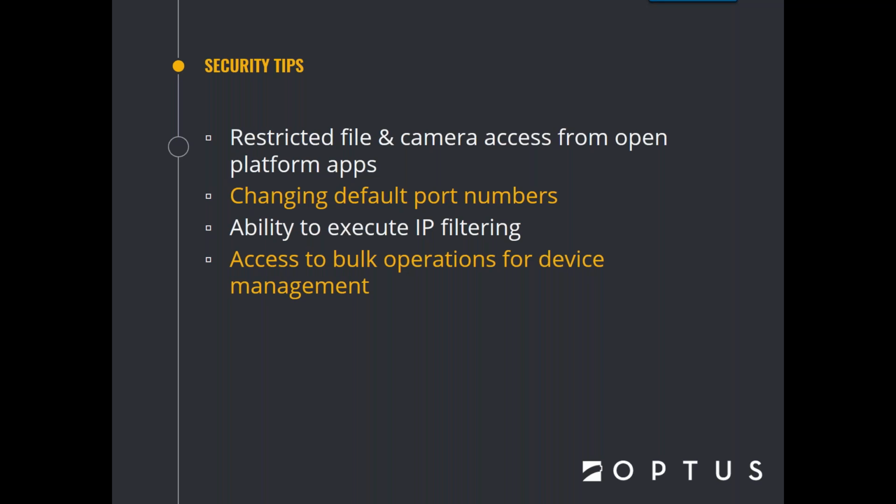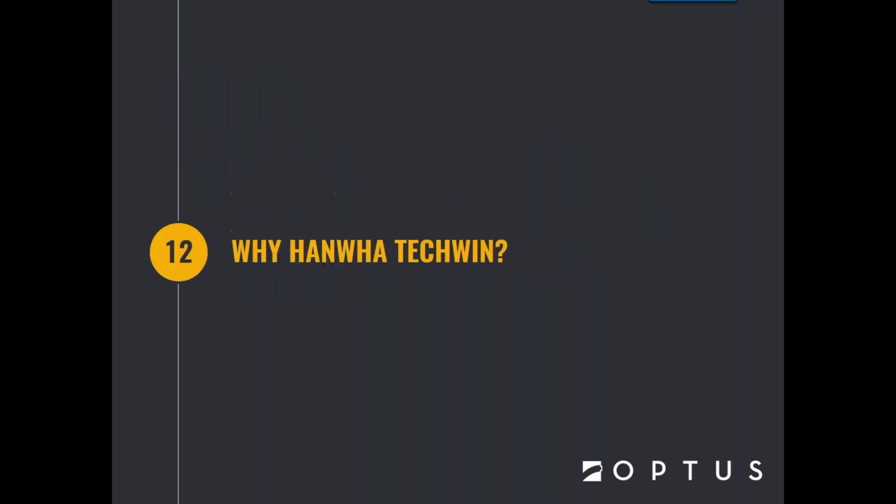The ability to execute IP filtering. Some manufacturers allow you to create a list that will either allow or deny access from specific IP addresses. So you can use this for your security team. Put in the list of their IP addresses, and that's the only people that could get to your cameras. And then last is access to a bulk operation for device management.